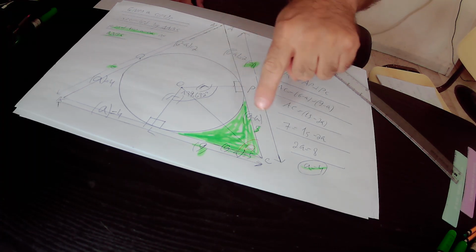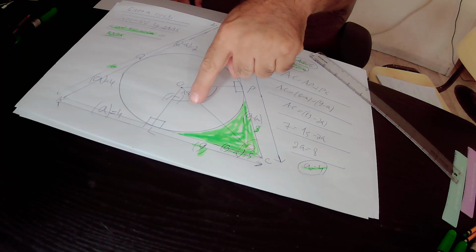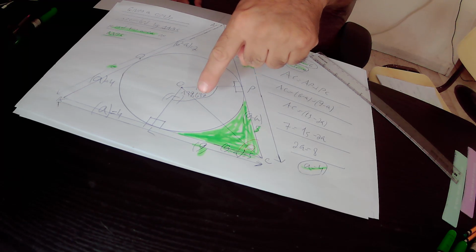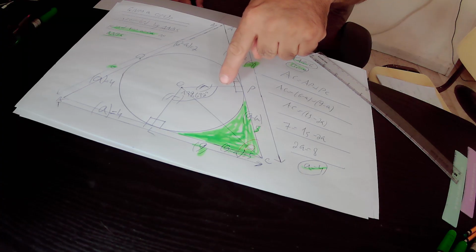Quadrangle POLC consists of this shape, the right triangle OLC, plus the second shape, the right triangle OPC.